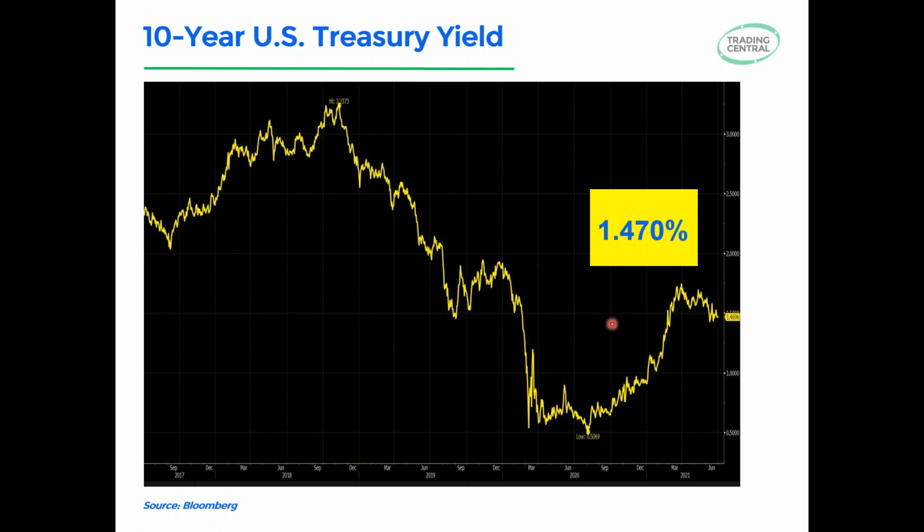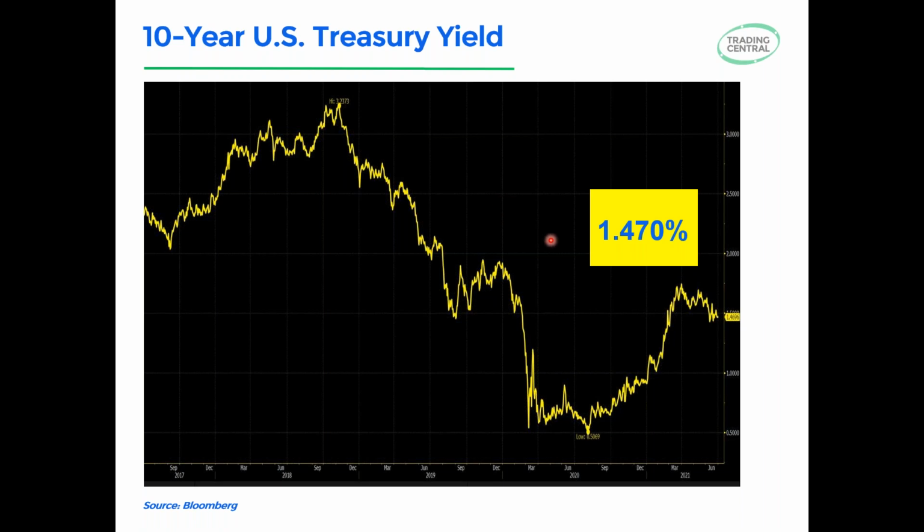This tells you a lot of things, and you have to pay attention. What is the 10-year Treasury yield telling you? It is telling you that economic growth will not be as splendid, as great, as you think.